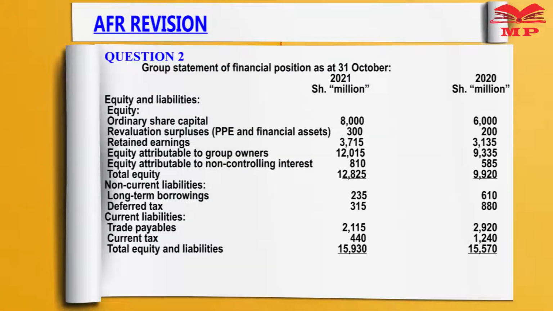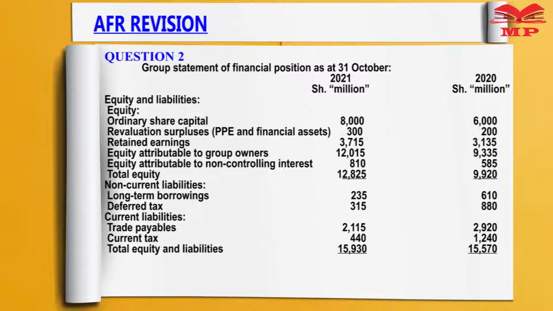And then we have the total assets. Under equity, we have ordinary share capital and revaluation surpluses, which you are told is for PPE and financial assets. And then we have the retained earnings attributable to group owners, and the earnings attributable to NCI.